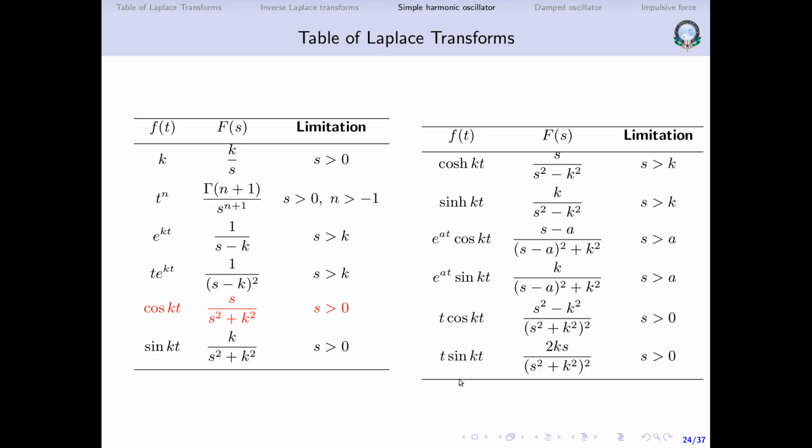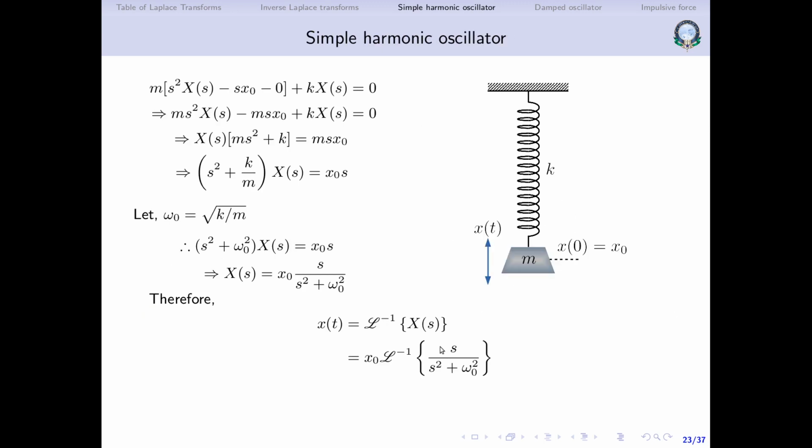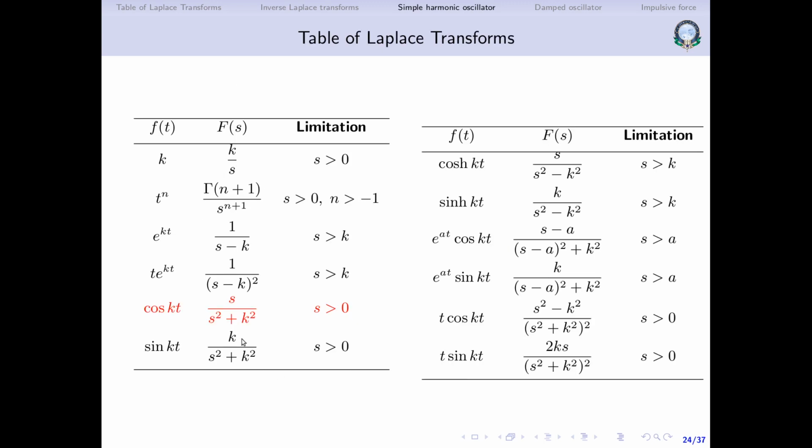We go back to our table of Laplace transforms. We find that this entry satisfies s divided by s square plus some constant square, and its inverse Laplace transform will be cos of the same constant into t.